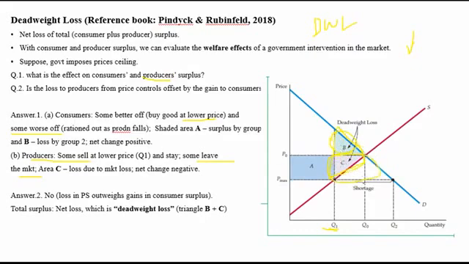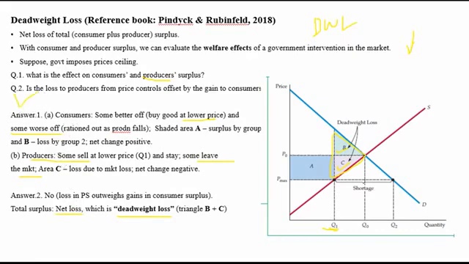Let me remove this. Okay, after erasing it, let's see this triangle. So this area, that is the summation of the loss of consumer and the loss of producer, will be equal to the deadweight loss, right? So this is the net loss.